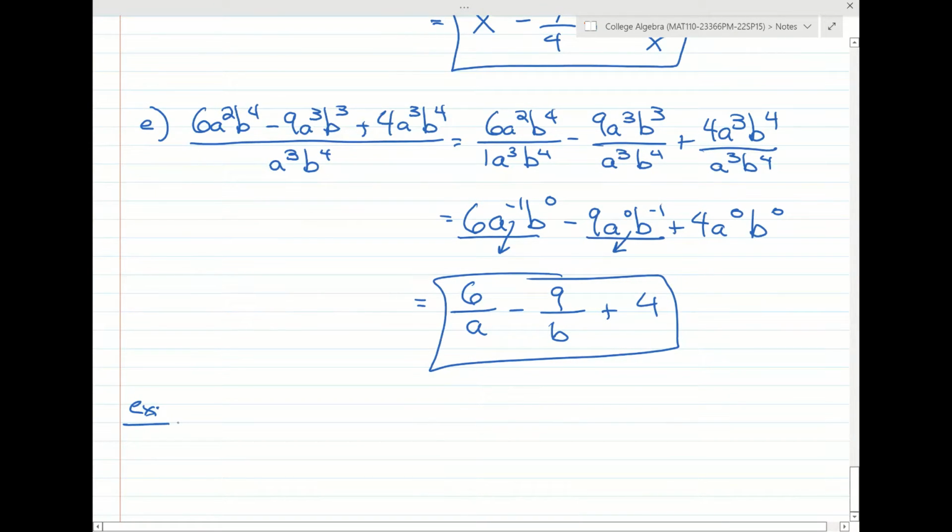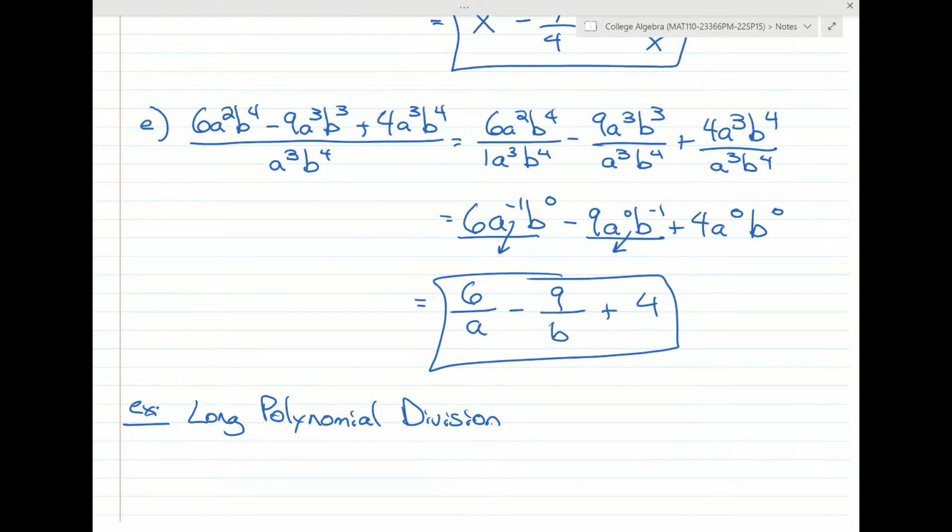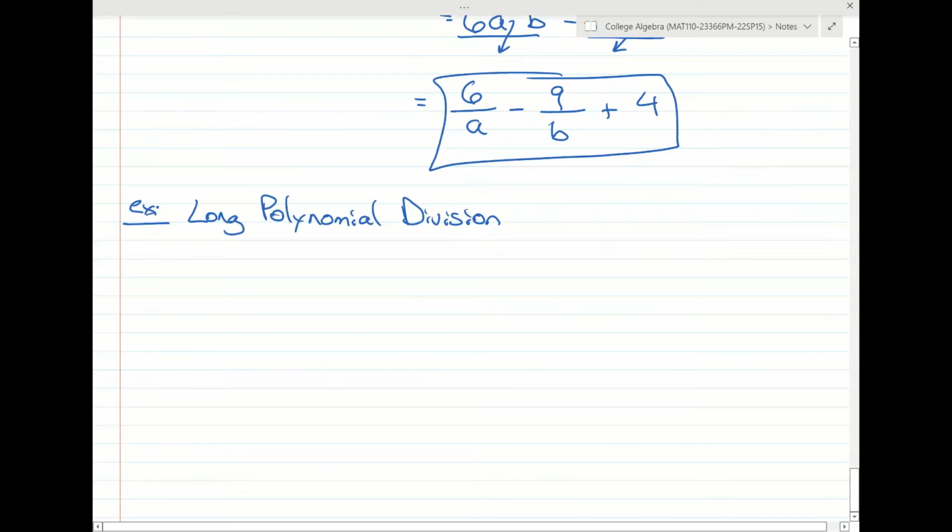The other type of division is called long polynomial division. This is something you might have learned in elementary school.